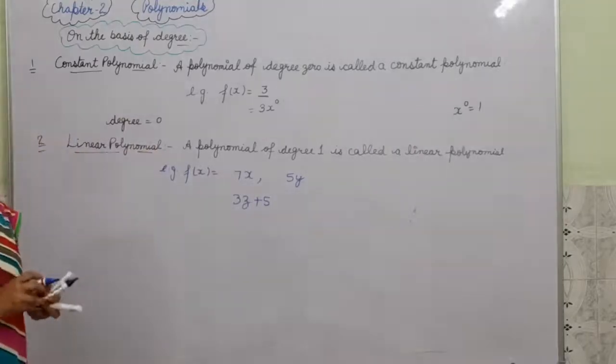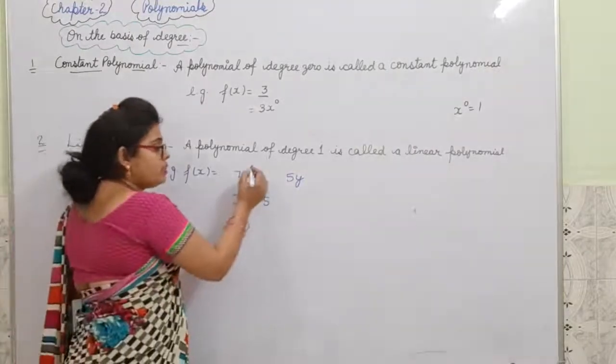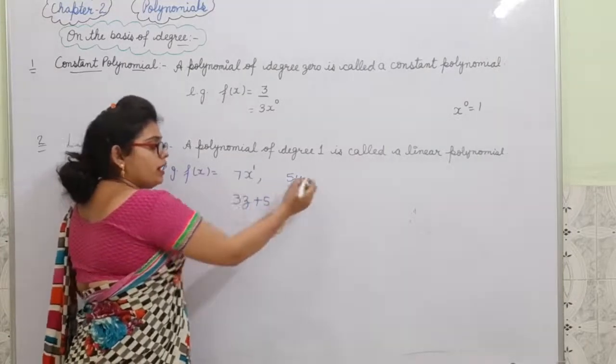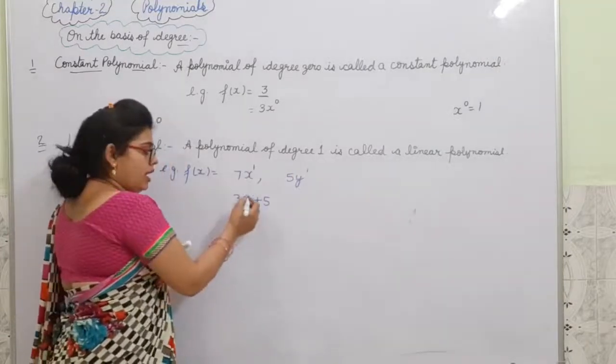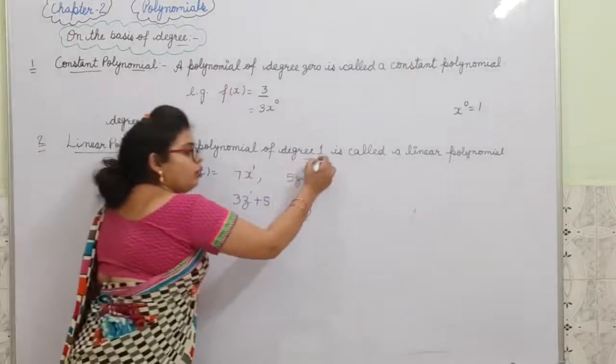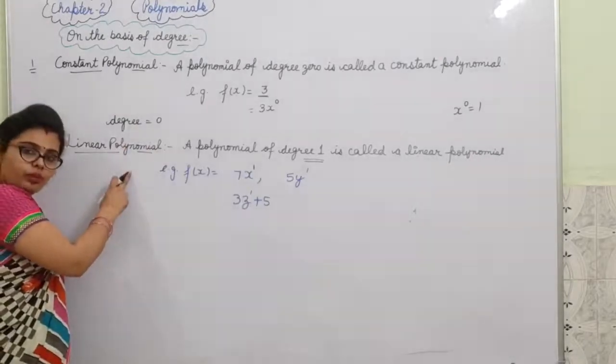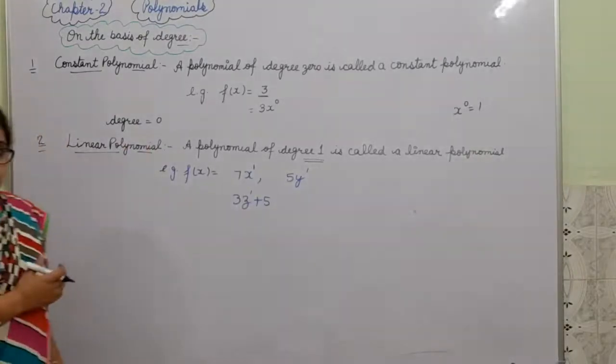If we observe the degree, what is the power of x? 1. Here the power of y is 1. Again here the power of z is 1. If the degree of a polynomial is 1, then it is called a linear polynomial. I hope there is no doubt.